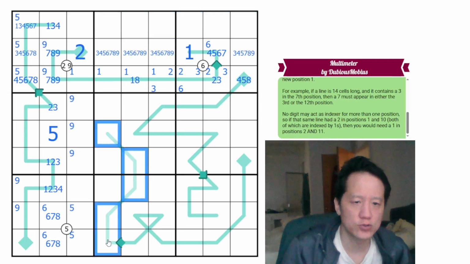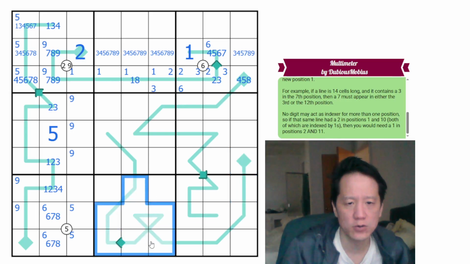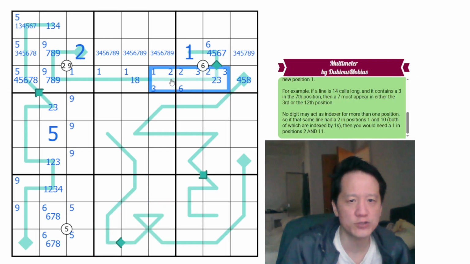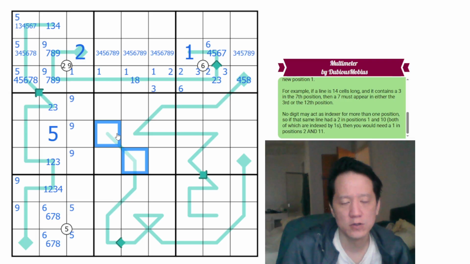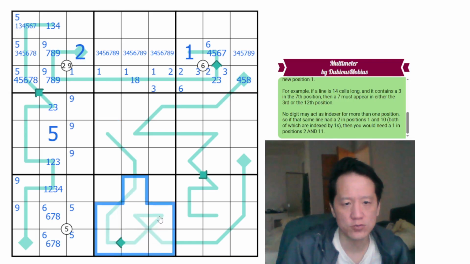This accounts for 2 2s. And actually, we know the 2 has to be here, because we only account for 1 2 along this line. We have 2 more 2s along this line. If we had a 2 here, well, okay, this one, no matter what, has to have a 2, right?